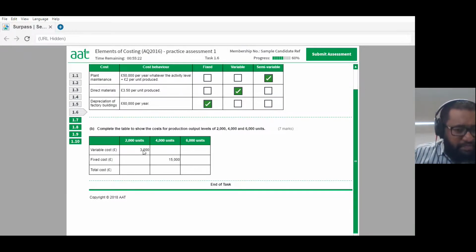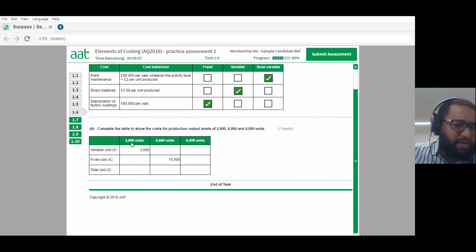Because on the first part, they're giving you the total variable cost of £3,000 for 2,000 units. So for 1 unit, the variable cost is 3,000 divided by 2,000, which is £1.50. That £1.50 per unit doesn't change. So it can be used at these 3 levels as well.